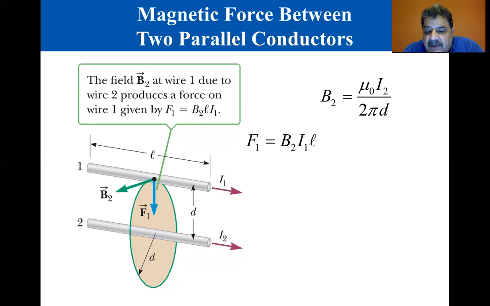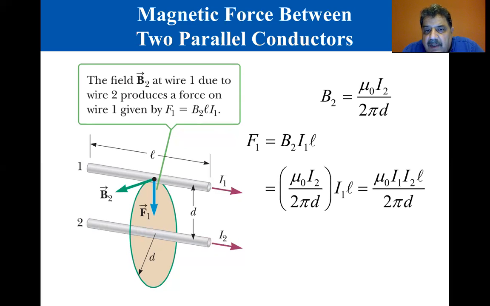Let's substitute our expression for B2. If B2 is equal to mu 0 I2 over 2 pi d, then we can substitute that into the F1 equals B2 I1 L equation, and you can see that F1 is equal to mu 0 I1 I2 times L, the length, divided by 2 pi d.